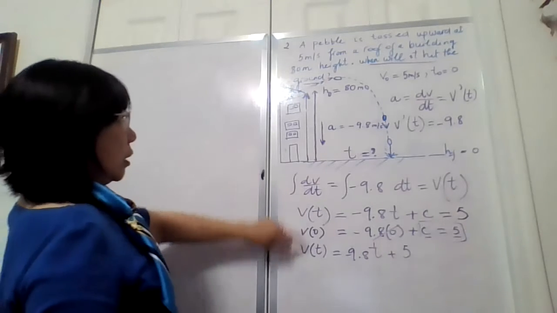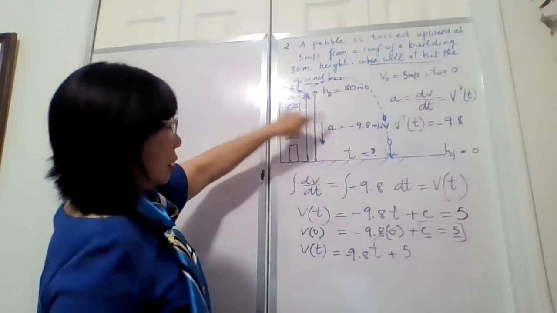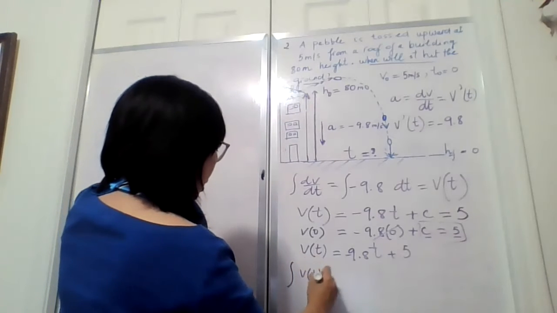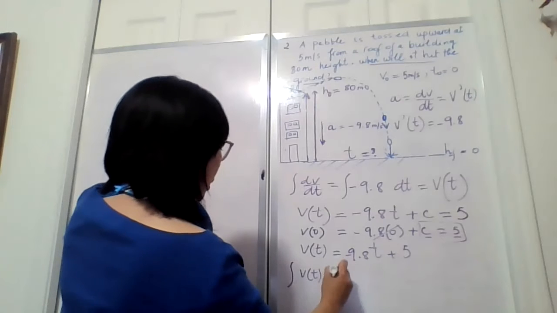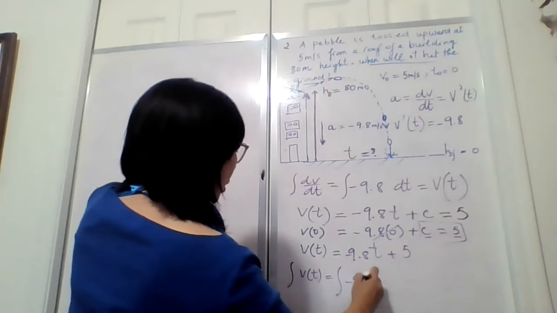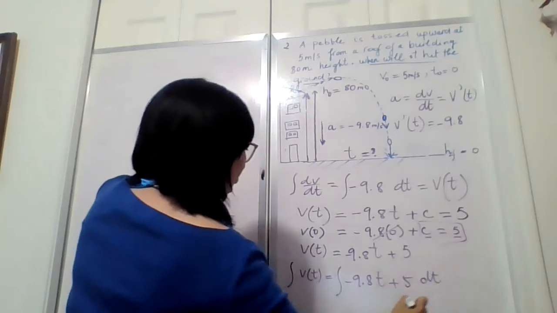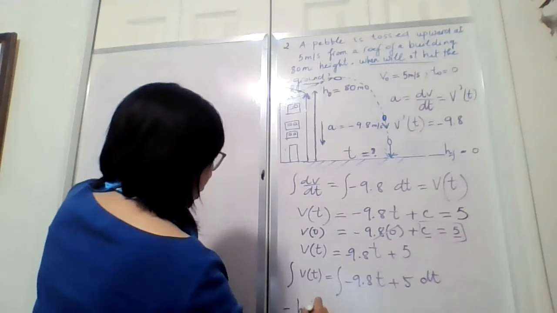If we integrate the velocity function, we get the position function. That is the same as the integral of V of t equals the integral of minus 9.8 t plus 5 dt, and that will be equal to h of t.